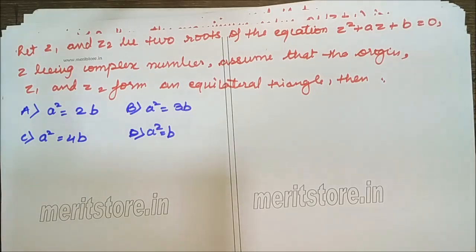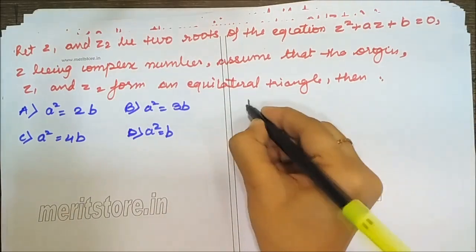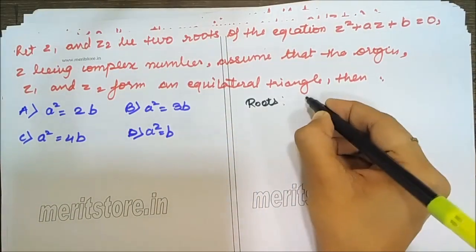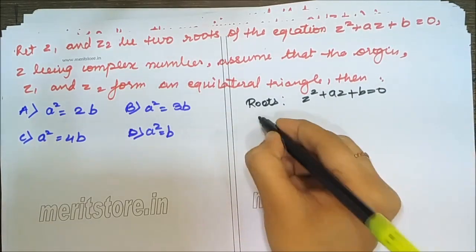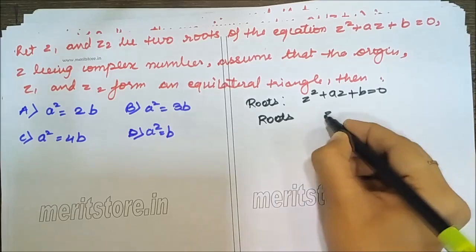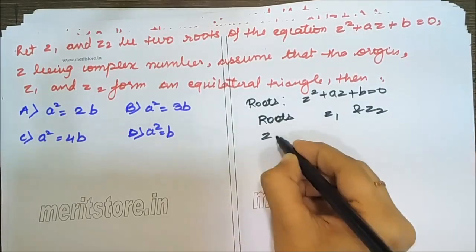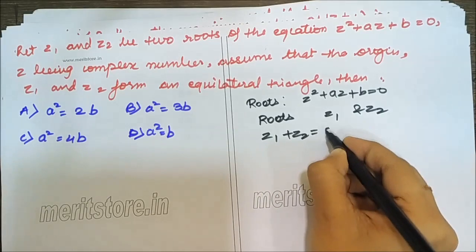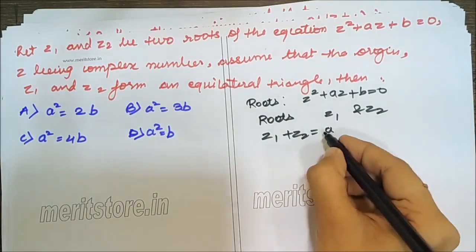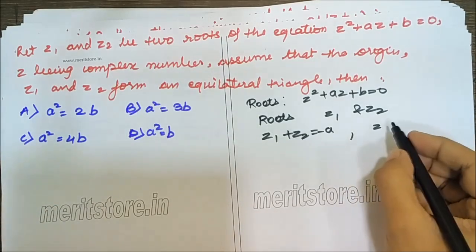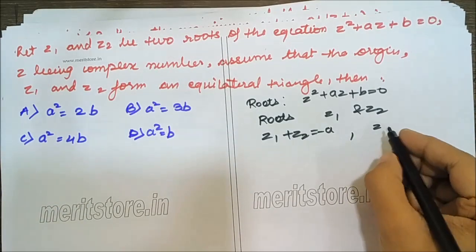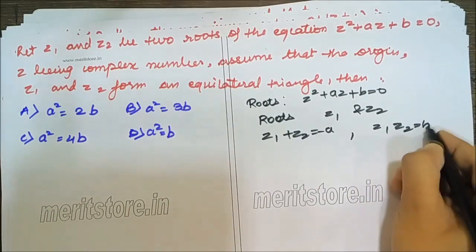Here, let's start first with the roots of z square plus az plus b is equal to 0. If the roots are z1 and z2, z1 plus z2 is equal to minus a, and z1 z2 is equal to b.